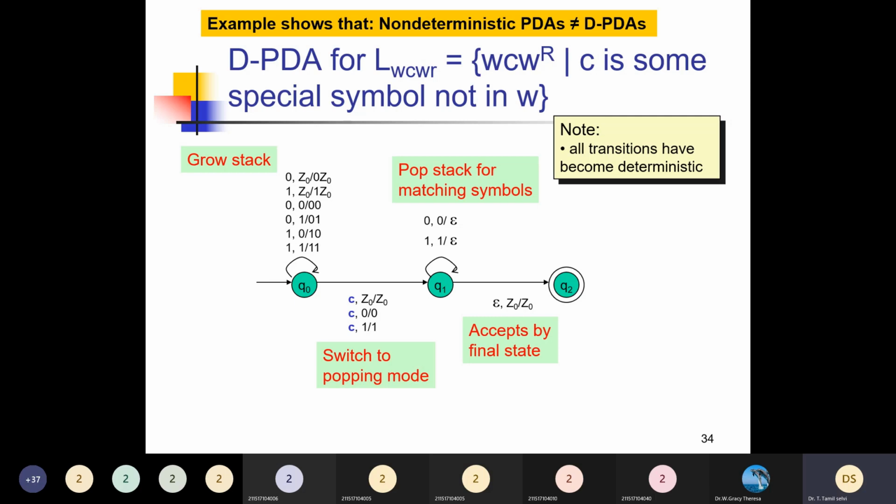No need to push or pop for C alone. After C, we have the reverse of the string, so for the reverse of the string, we have to pop the stack. So for W, we have to push. For C, no need to do anything. For W power R, we have to perform the pop operation.